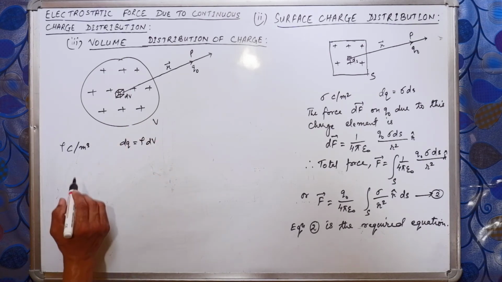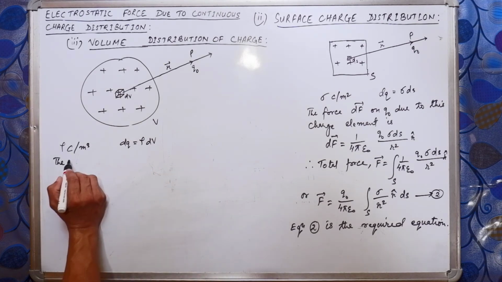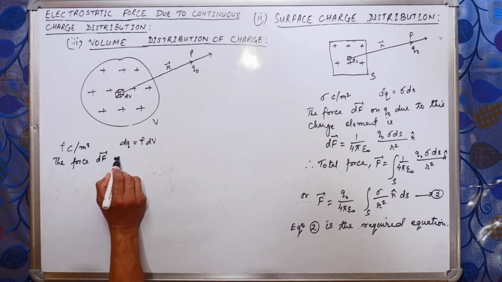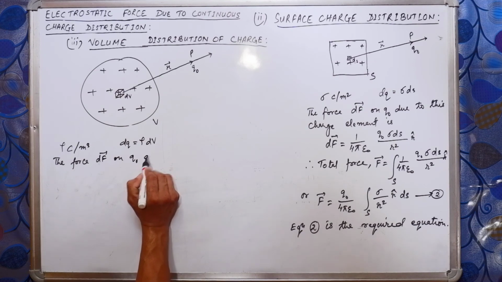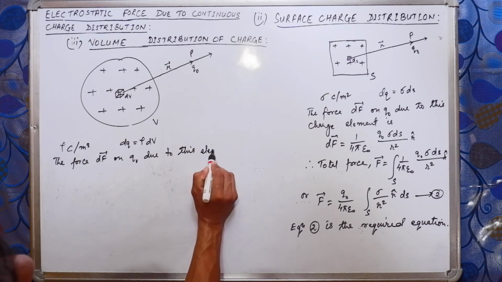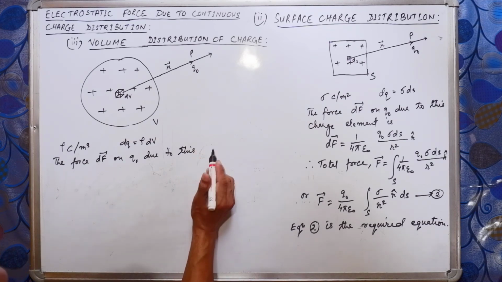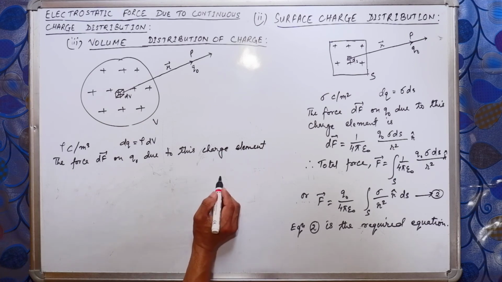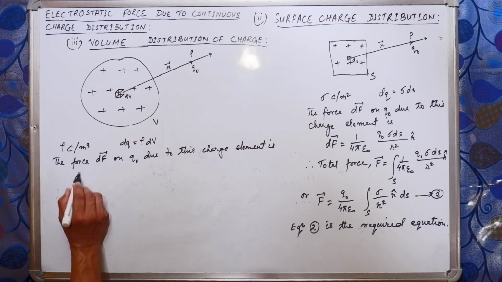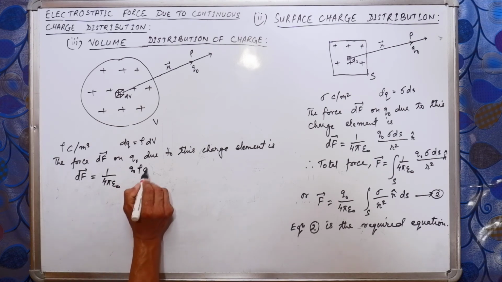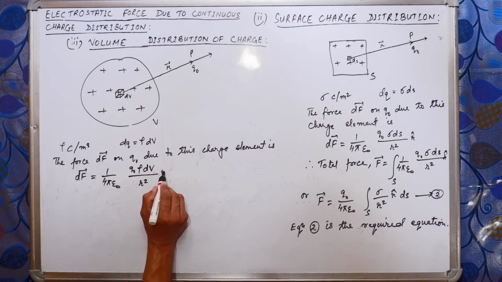Then the force dF on Q naught due to this charge element is given by dF equals 1 by 4 pi epsilon naught, Q naught rho dV divided by r square, r cap.